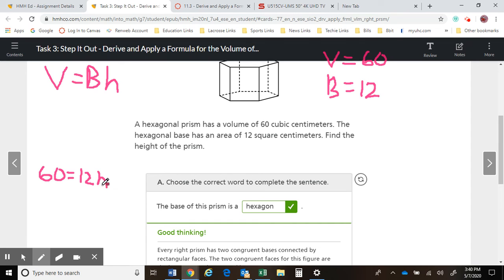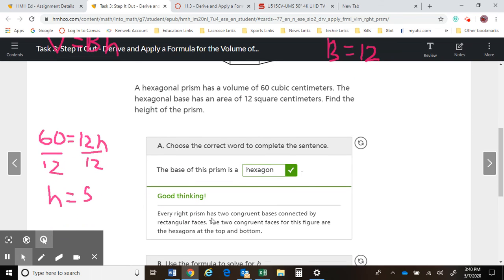Now, how do I solve for h here? Of course, I'm going to divide both sides by 12, and 60 divided by 12 is 5. Okay, so h is 5. You can check my math if you like. So my height is 5.